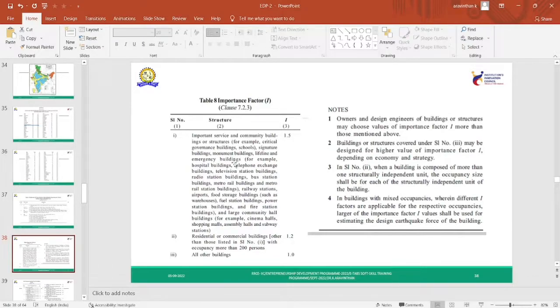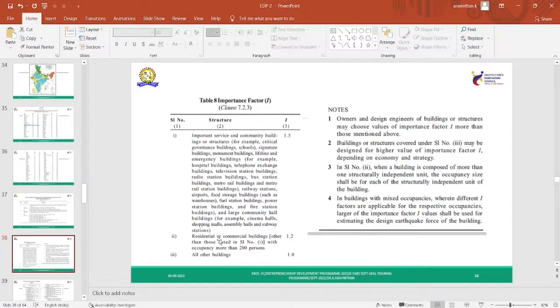Even though nuclear power structures have a different code book, it is suggested here that if you are constructing any power station, whether wind, hydraulic or thermal, it should be considered as 1.5. Large community hall buildings, for example cinema hall, shopping mall, assembly halls, should all be considered as importance factor 1.5.